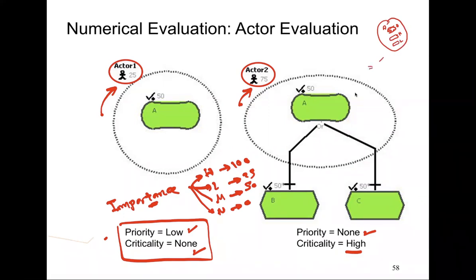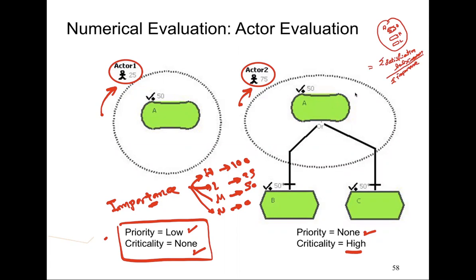Simply, you sum all the satisfaction levels: you take the satisfaction level of each intentional element, multiply it by the importance level, and then divide by the sum of importance. I'm going to show you in the graph how this could be done.